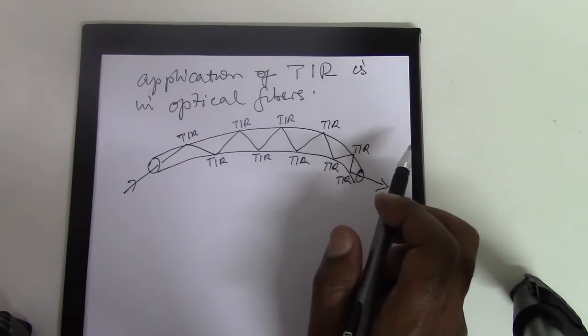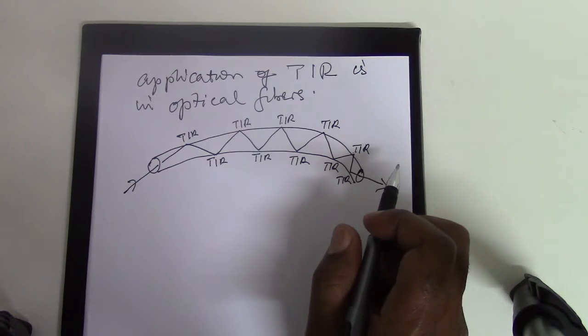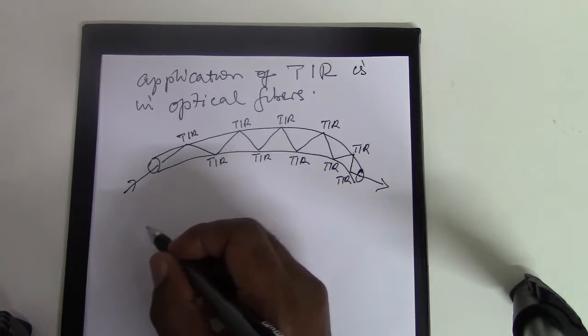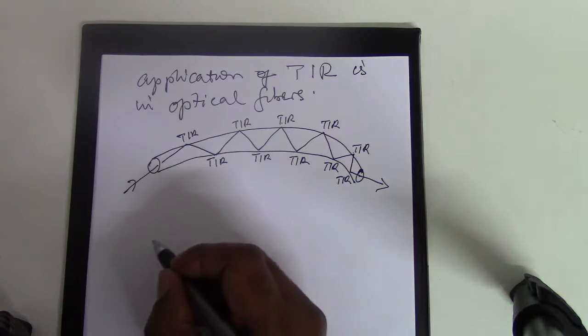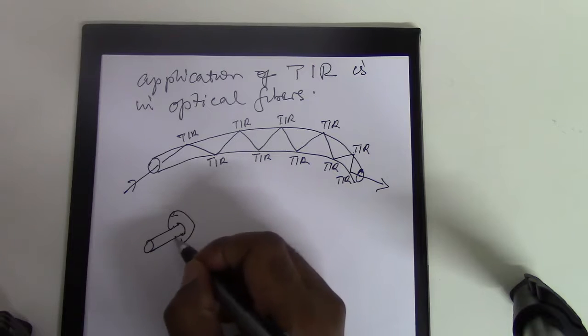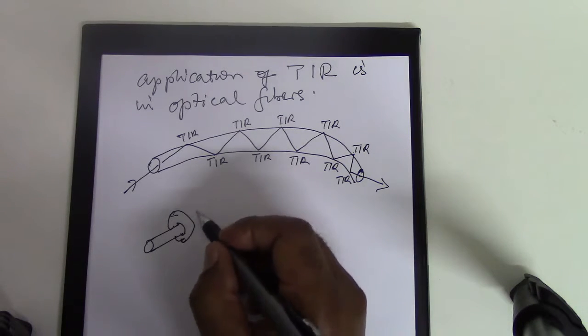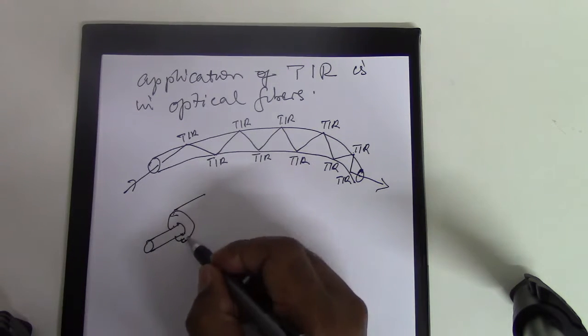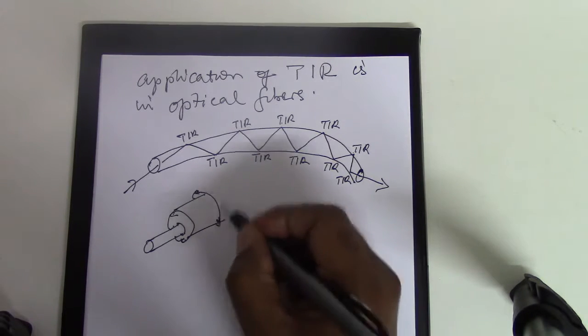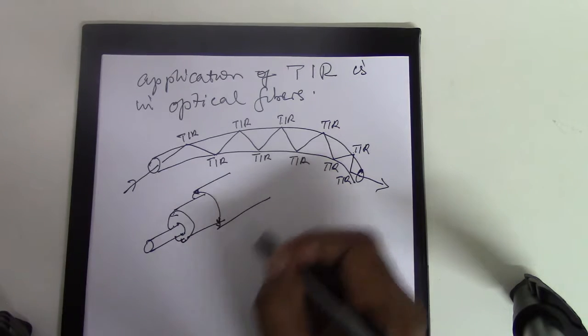Right. Usually these optical fibers are made of some materials where we have what we call a core at the center, and then we have another one which we call cladding. Like this.